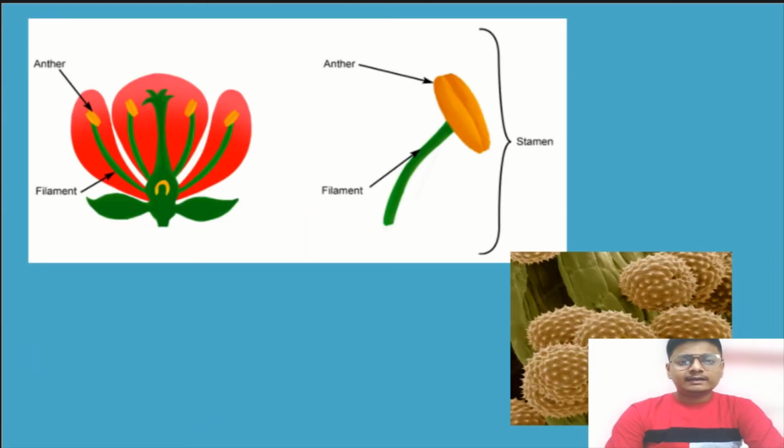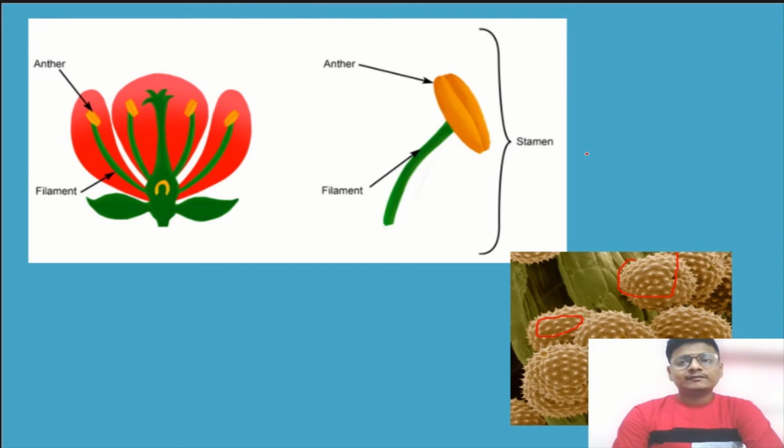In the anther part, you are able to see these round structures. These are pollen grains, present in the anther. This anther part is very important, and it will release pollen grains and they will go through some medium and stick to the female reproductive part.